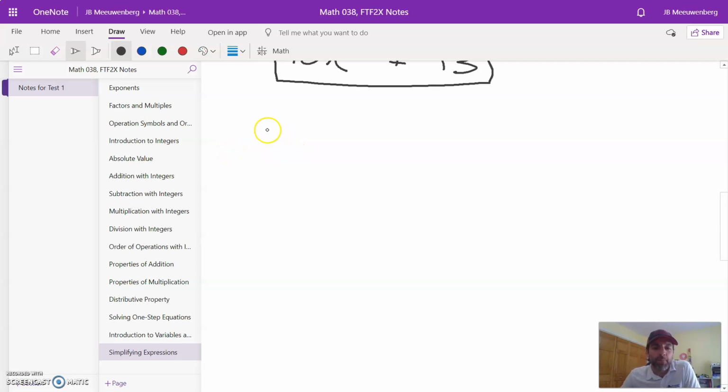So 3x minus 7 minus x. Okay. So when we talk about the commutative property of addition, we say we can switch things around addition signs.